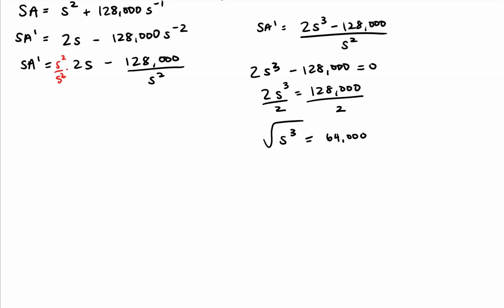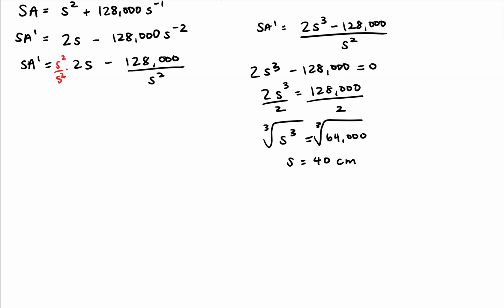And then if we take the cube root of both sides, we end up getting s is equal to 40. So the original question is asking for the dimensions of the box. So we have one of the dimensions.